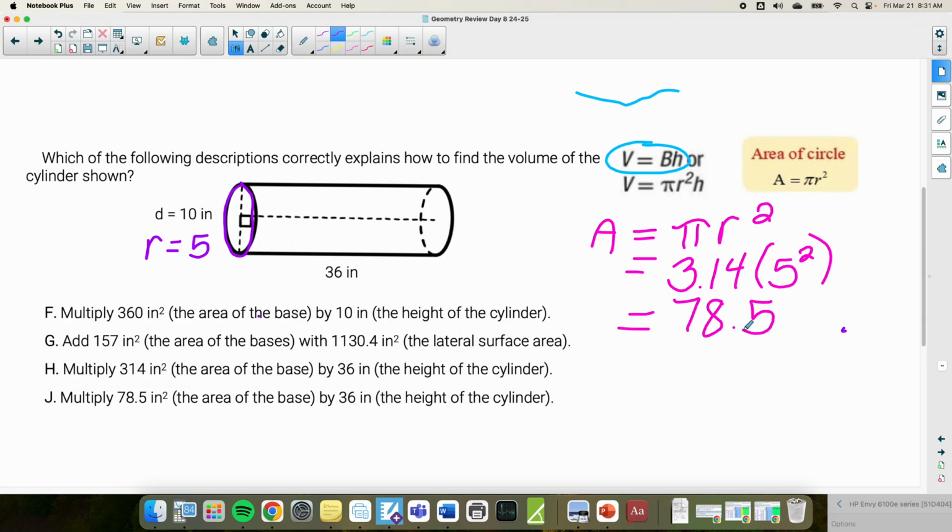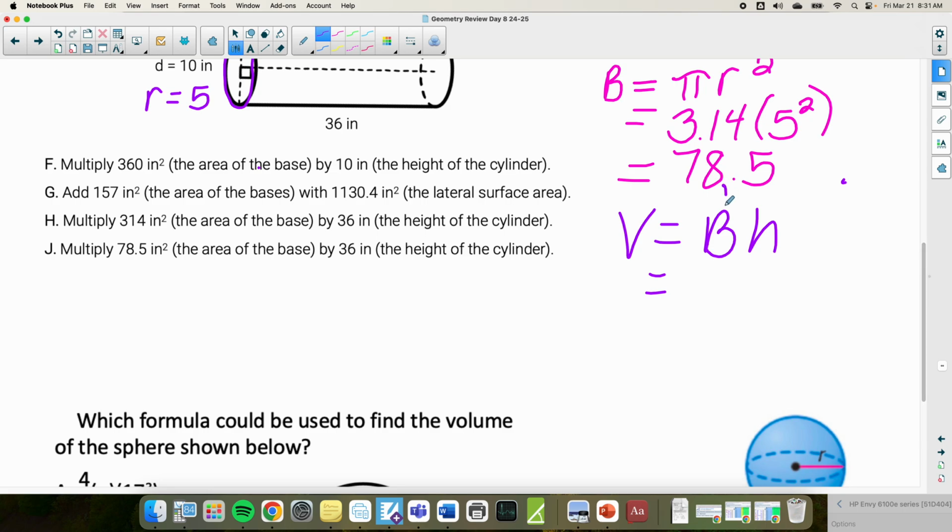So that ends up being, I'm going to change this to capital B because that's what they use for the area of your base. And then what they want us to do is take capital B times H, and our capital B is the 78.5, and our height is 36.